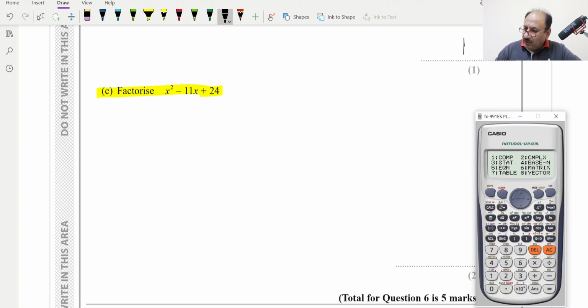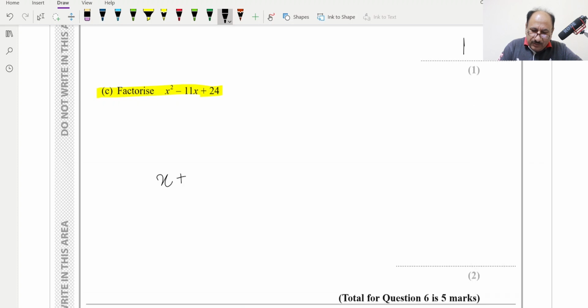Mode 5 3, and this is equal to, wait, the coefficient of x squared is 1 and the coefficient of x is minus 11 and the constant value is 24, and this will be 8 and 3. So we can write here x plus 8 and x plus 3.